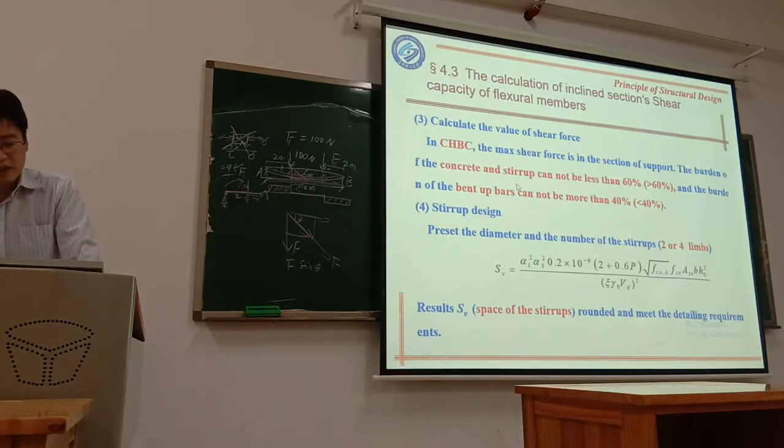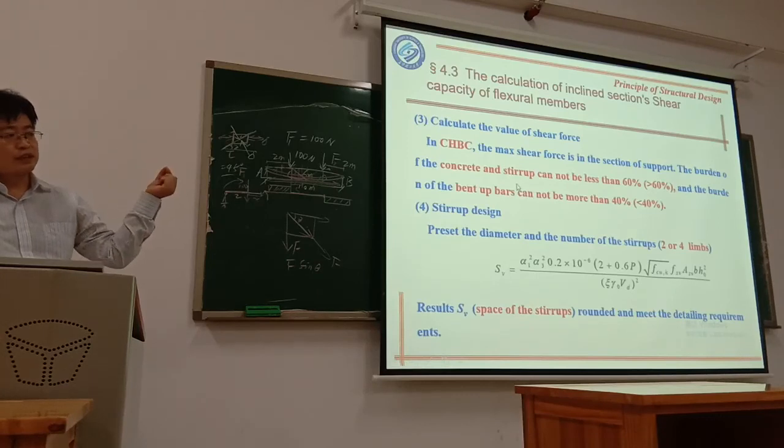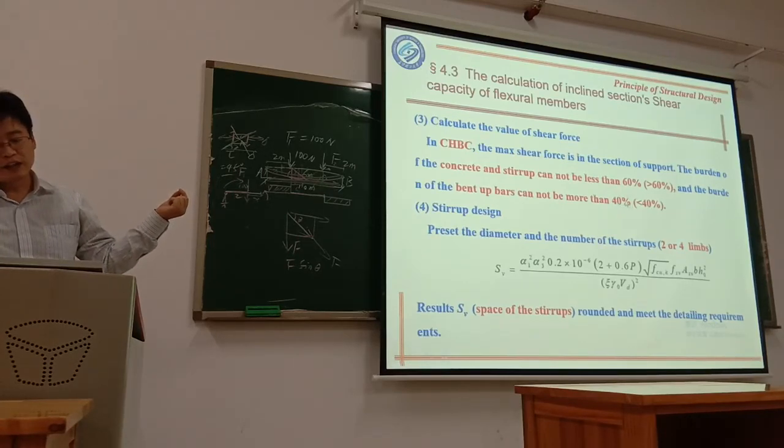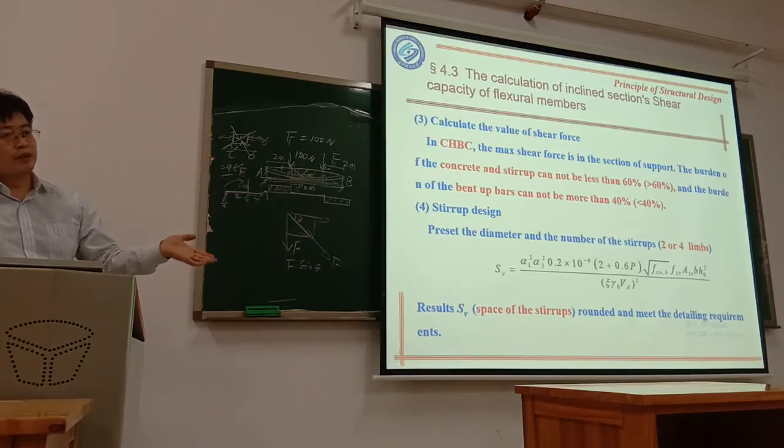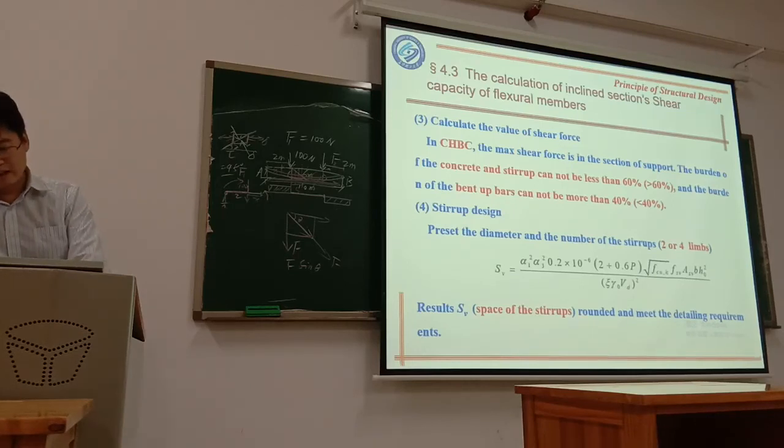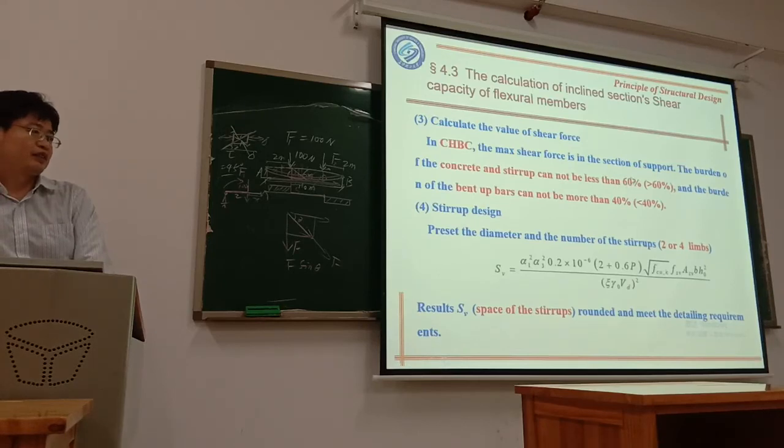At least 60% of the shear force is borne by the stirrups and the concrete, and not more than 40% is borne by the bent-up or oblique reinforcement. So why 60%? This is based on experience or experiment.